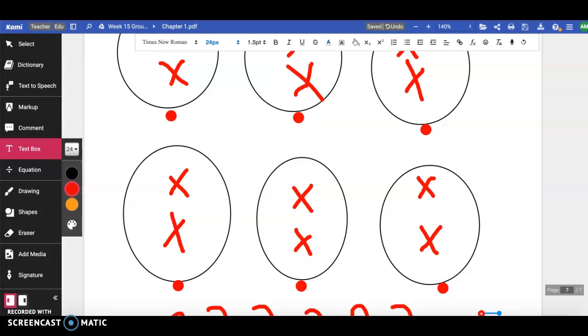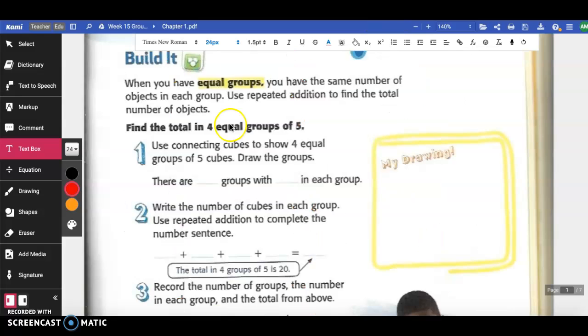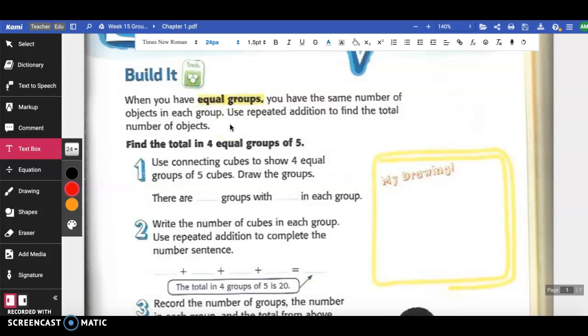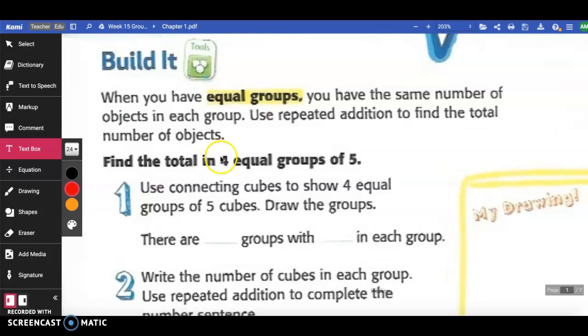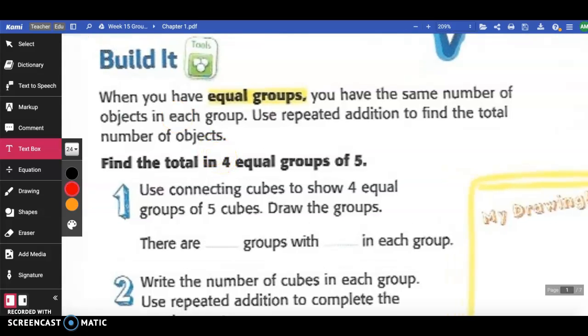All right, let's go ahead and move on to our bookwork. Go ahead and pause the video and have somebody read what an equal group is. If you said that an equal group is having the same number of objects in each group, this is the same thing as repeated addition, like that 2 plus 2 plus 2 plus 2 that we just did.